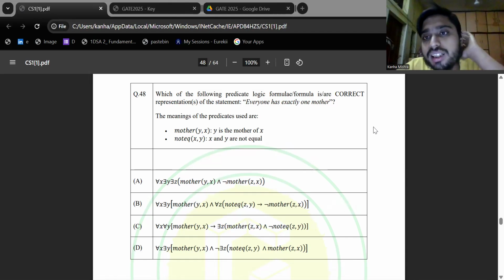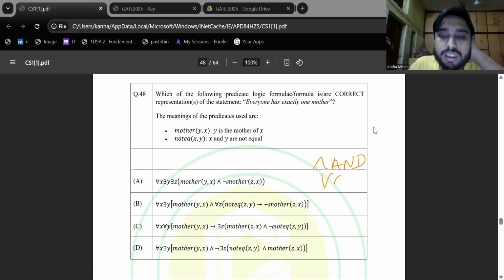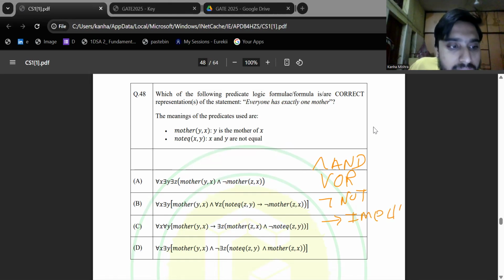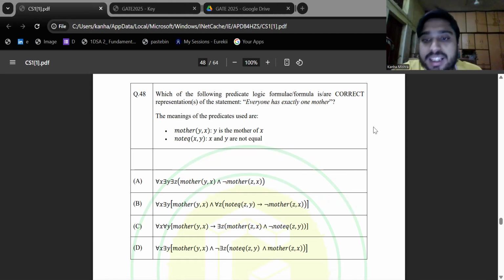Logical connectives are also there: this is and, this is or, this is not, and this means implies. There are also equalities, like equality and non-equality. Here not_eq(x, y) means x and y are not equal.